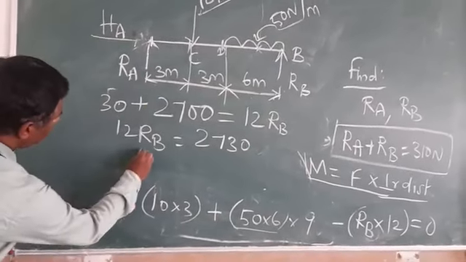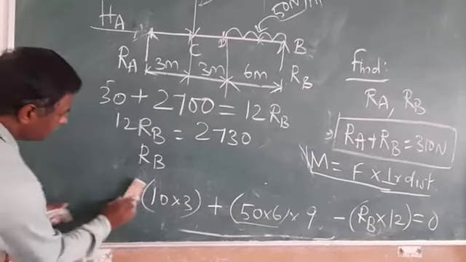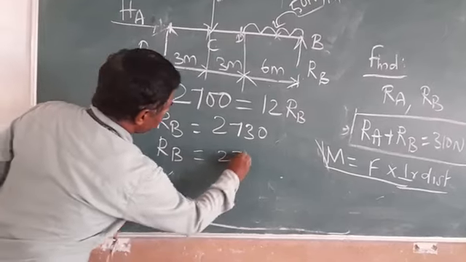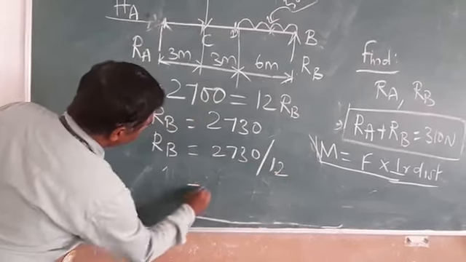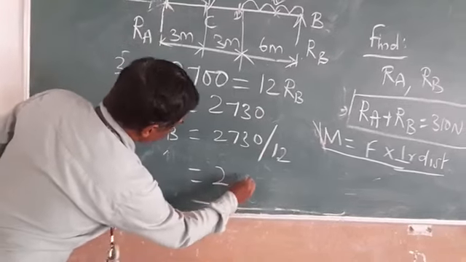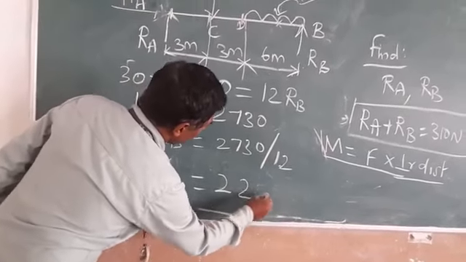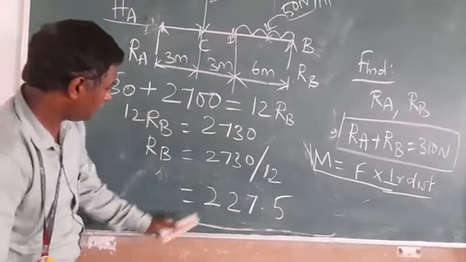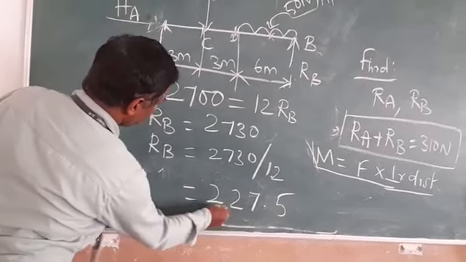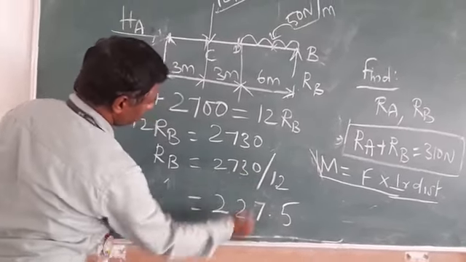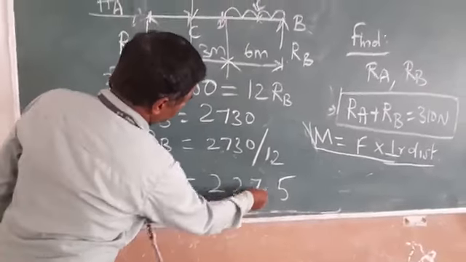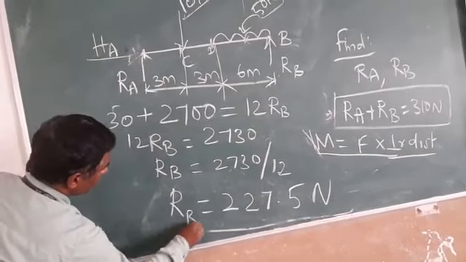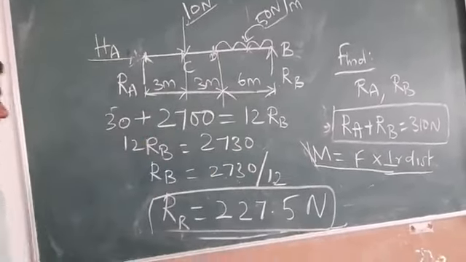So what is the value of RB? 2730 divided by 12 gives 227.5 Newton. So the RB value is 227.5 Newton.